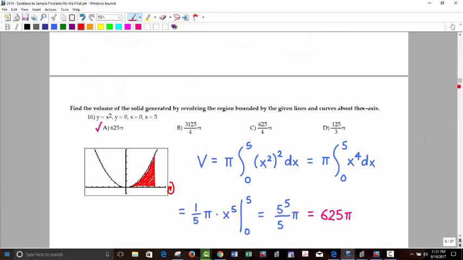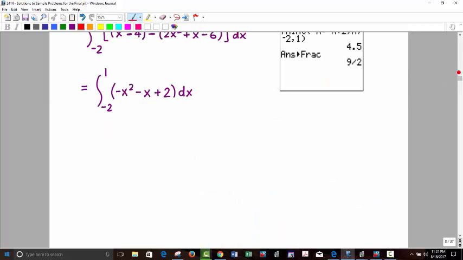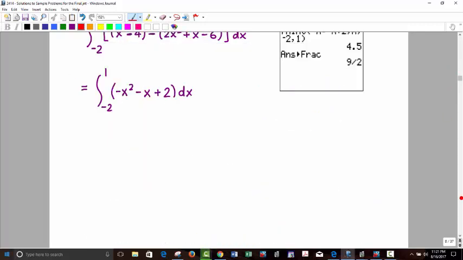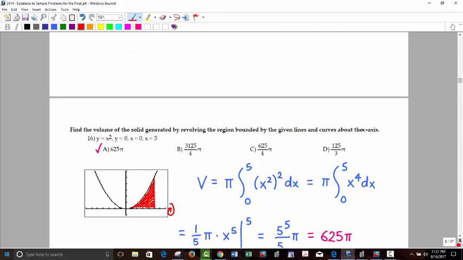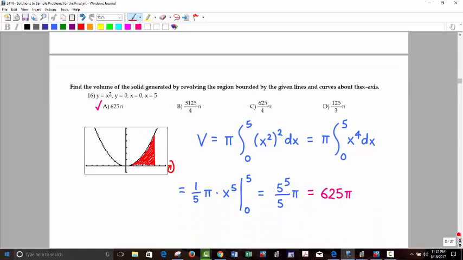So let's see what's next here. Yeah, that was 15. So now we're looking for 16. And number 16, volume of a solid of revolution. Sometimes this can give people some trouble.